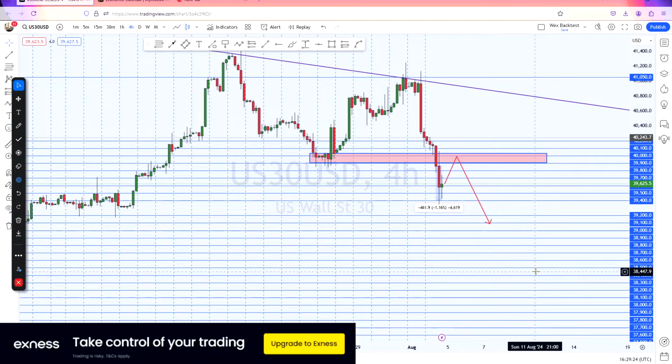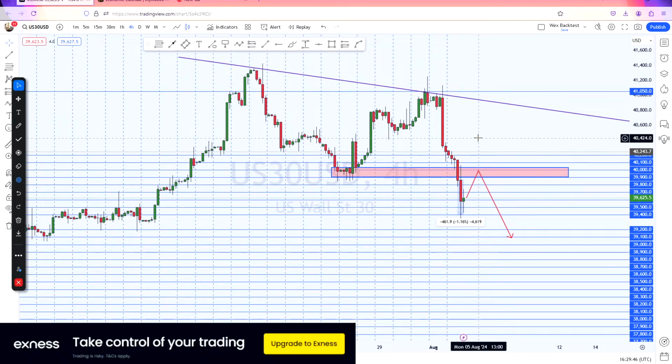This is basically what I'm expecting on US30. With these two setups, you are good to go for this coming week. You don't need more than two instruments to do well in this market. With one instrument and a good setup, you are good to go. So these are the two instruments I focus on, and that is why I'm sharing this with you guys.